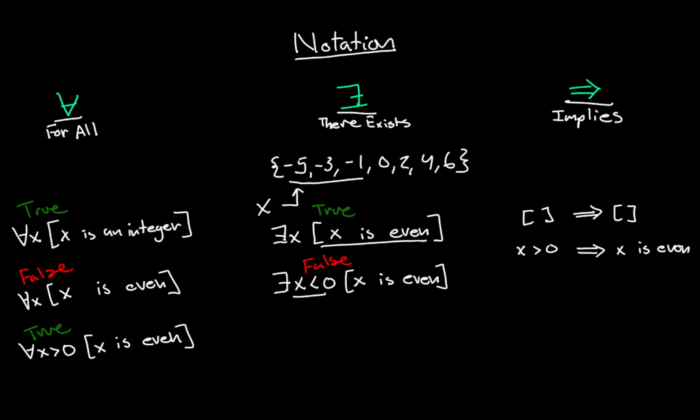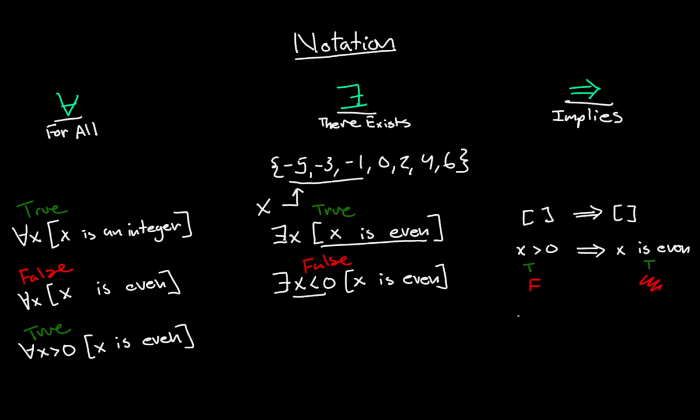This is basically saying if this is true, then this is true. If this is false, it doesn't really say anything about this. It only says if this is true, then you know this is true. If this is false, you don't really know what this is. That's all this symbol is saying. This is a case where it's true, because if x is greater than 0, it tells us that x is even, because all the values greater than 0 are even.